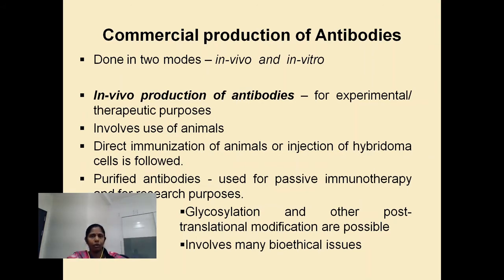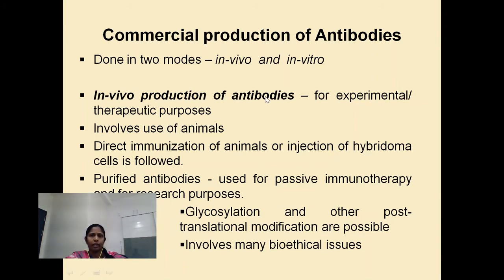Sufficient time is allowed for the experimental animal to develop a strong and sufficient immune response, after which the blood from the animal is isolated either with or without sacrificing the animal, and from this blood, serum is separated and antibodies are purified.